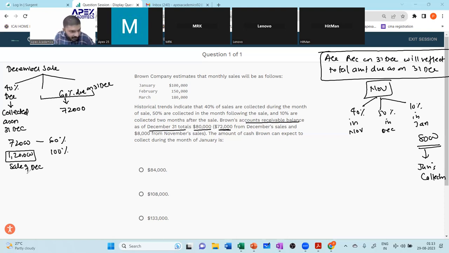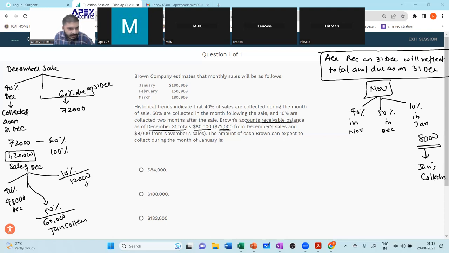But out of this 120, I know that 40%, that is 48,000, is going to be December's collection. 50%, that is 60,000, is going to be Jan's collection. And 10%, that is 12,000, is going to be Feb's collection.